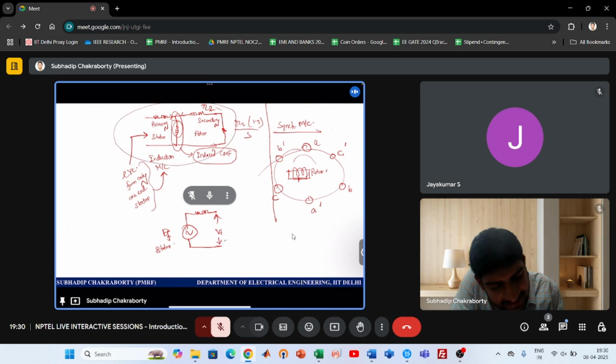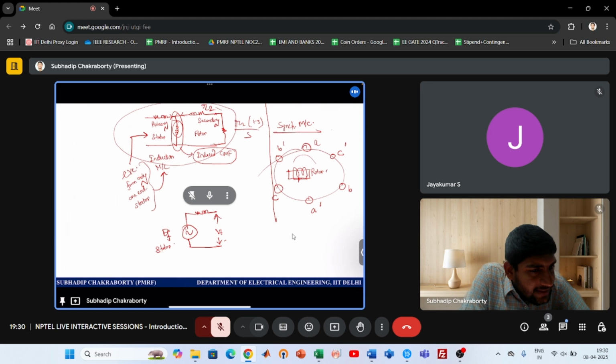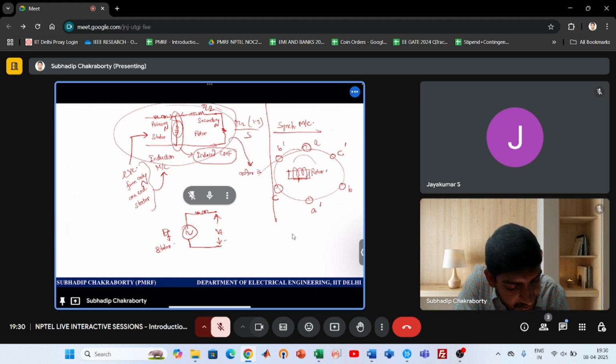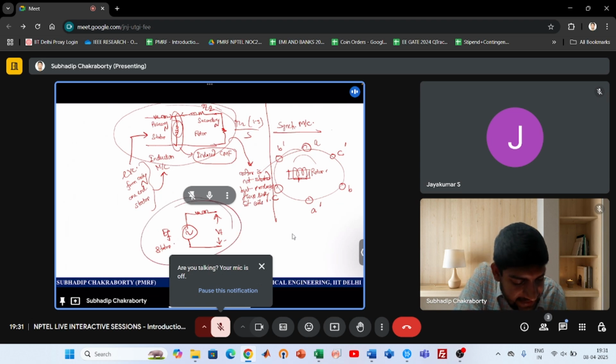Now, are these two circuits equivalent? The rotor is not shorted, but produces flux linking the stator coils. So this is the stator circuit. And the role of the rotor is giving the power or the excitation.